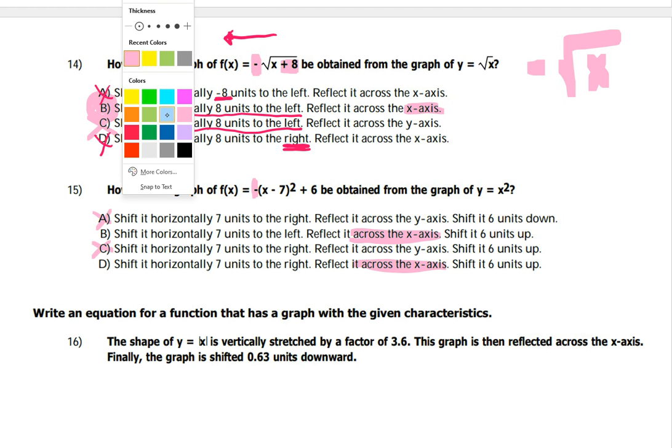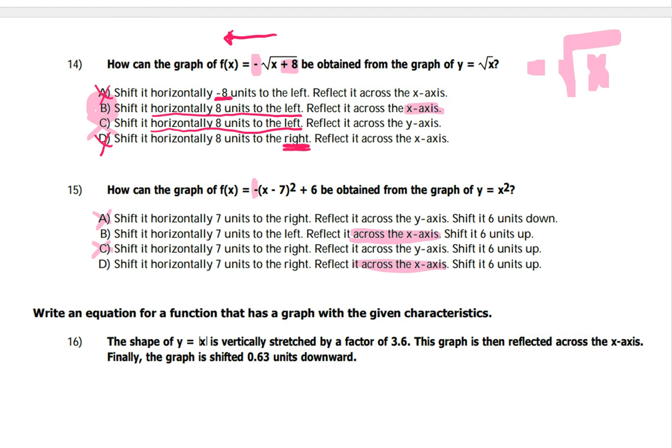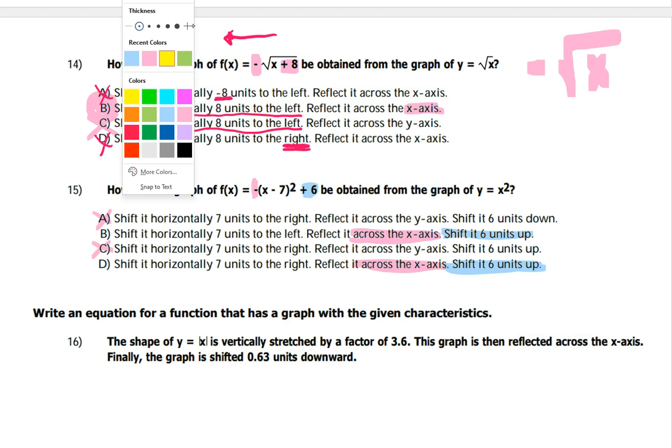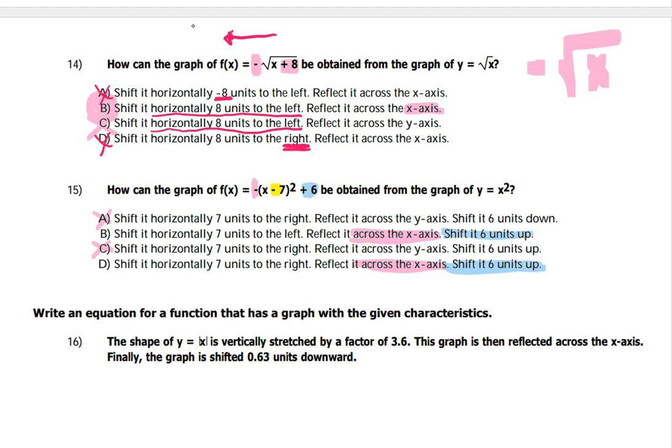And then this plus 6, that is being added to the stuff that is squared. So that's going to shift it 6 units upward. And this one also says 6 units up. Okay, that doesn't help. And then we've got the minus 7 inside the parentheses.